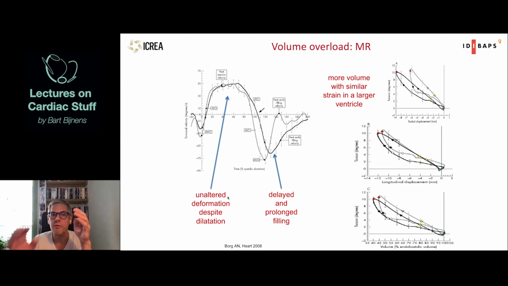So this is clearly related to the fact that the amount of rotation for a certain heart has to do with the amount of deformation. If you have more strain of the individual fibers, you will rotate more. So this indicates a similar amount of deformation and thus a similar amount of rotation. The only thing you see is that the timing is changing. We can come back to that later when we talk about pressure loading.